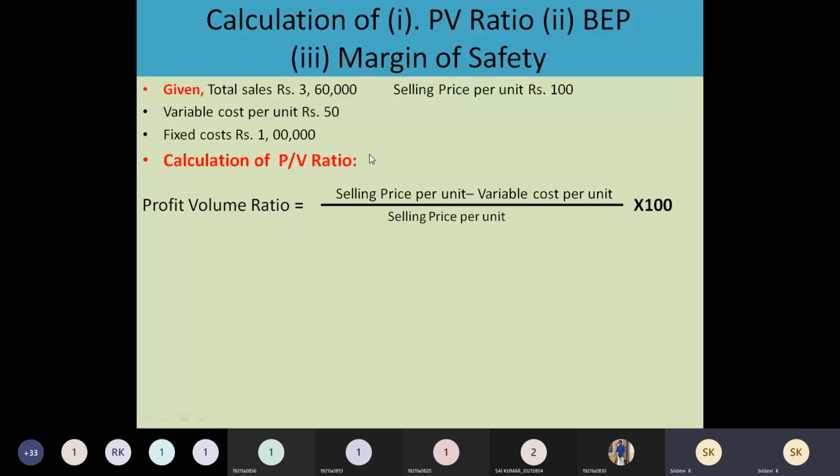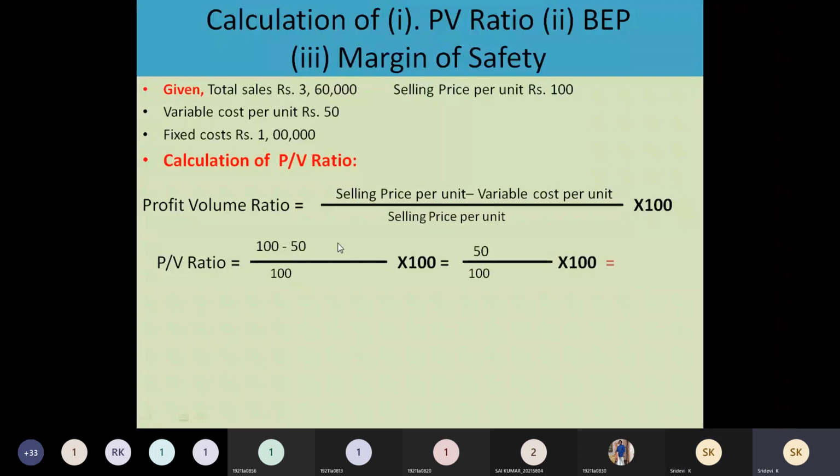That will give you PV ratio. So PV ratio is equal to, substituting the values, 100 minus 50 divided by 100 into 100. How much will you get? 50 by 100 into 100. So that will give you 50%. Okay, that is PV ratio.